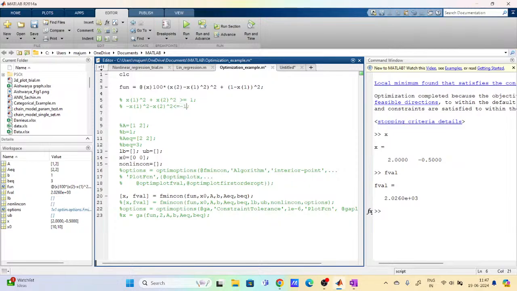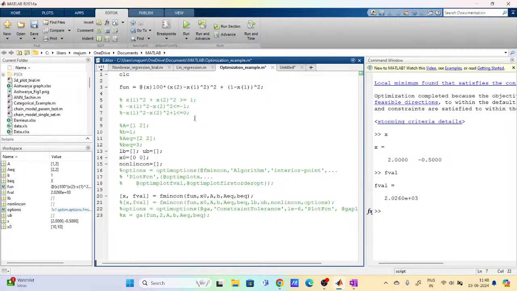The right hand side should be equal to 0. So it becomes minus x1. Everything else on the right hand side, keep the same. Don't change anything. Both are minus minus, and if you shift minus 1 to the left hand side, it becomes plus 1. Plus 1 less than or equal to 0.